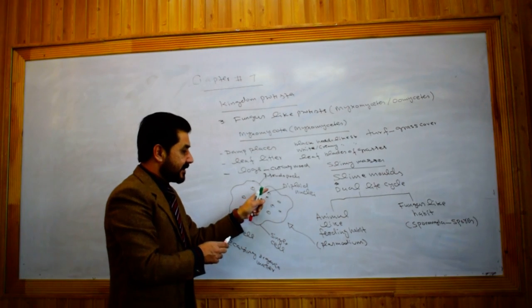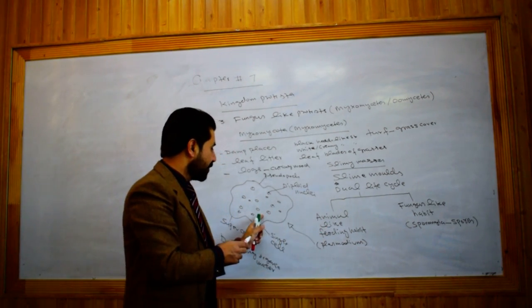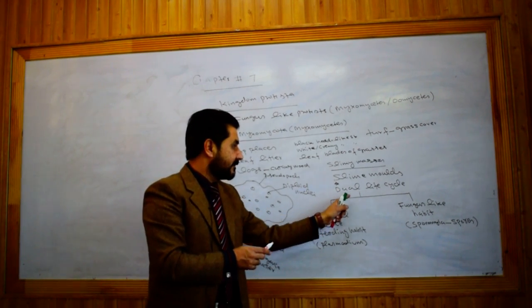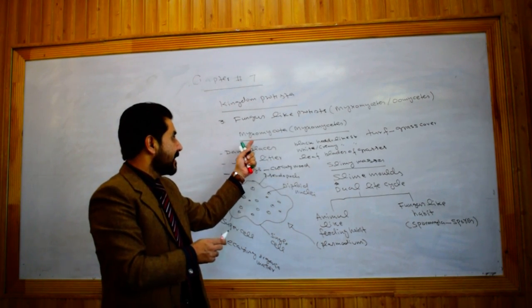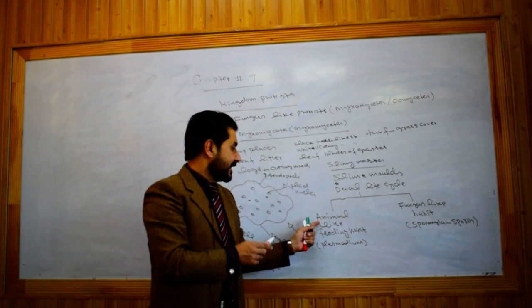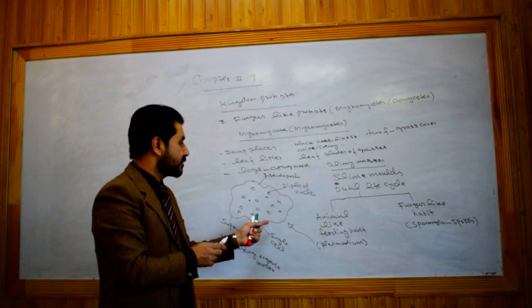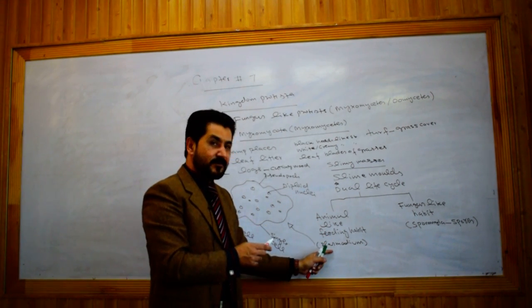So at this stage, the feeding habit of this supercell is animal-like. In the dual life cycle, we have discussed that in slimy molds or myxomycota, there is one stage at which this supercell behaves with an animal-like feeding habit. So this is called Plasmodium.